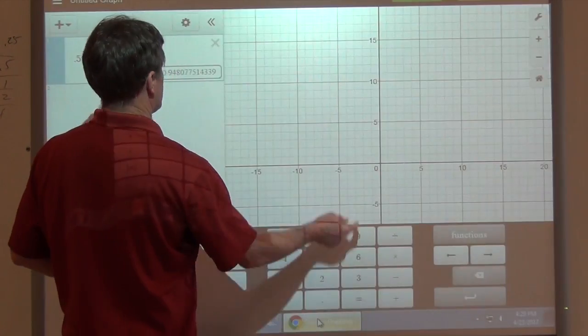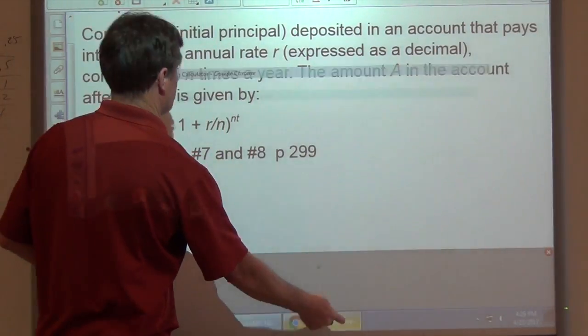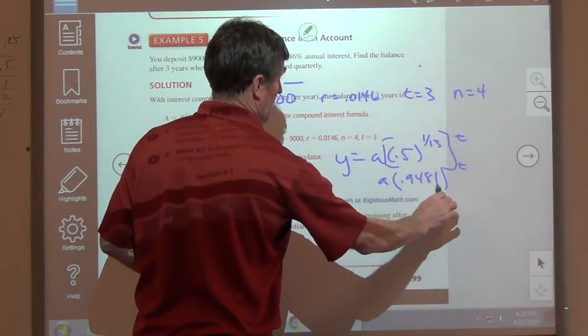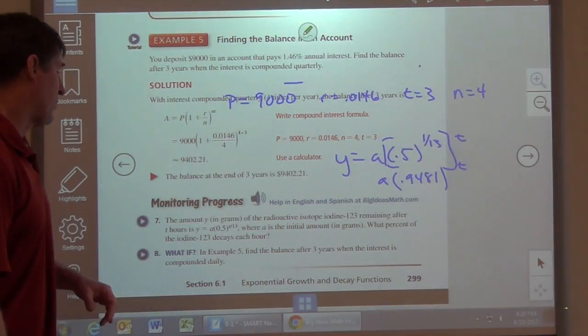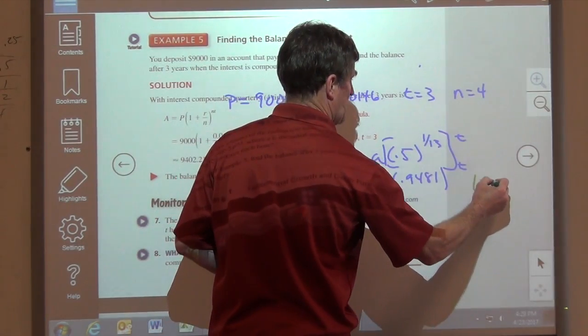And let's go back to the textbook. So that's where we got this 0.9481. And so now we want to write this formula correctly. So again, all we do is we take and we subtract.